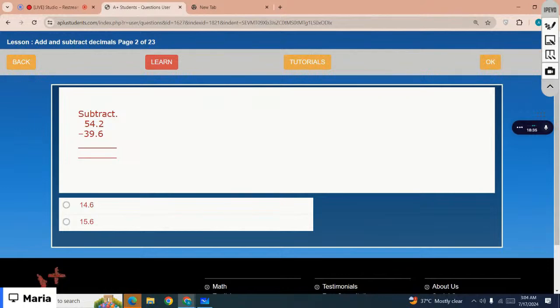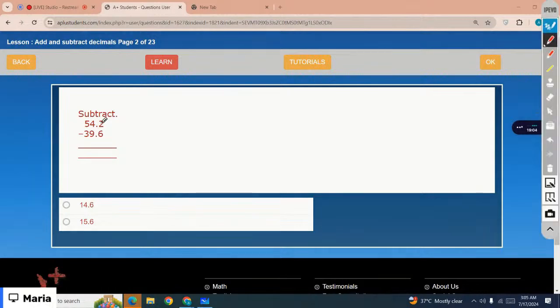Okay, subtract 54.2 minus 39.6. So how do we subtract? Okay, so you cannot subtract 6 out of 2. You cannot subtract a smaller number out of the greater one.